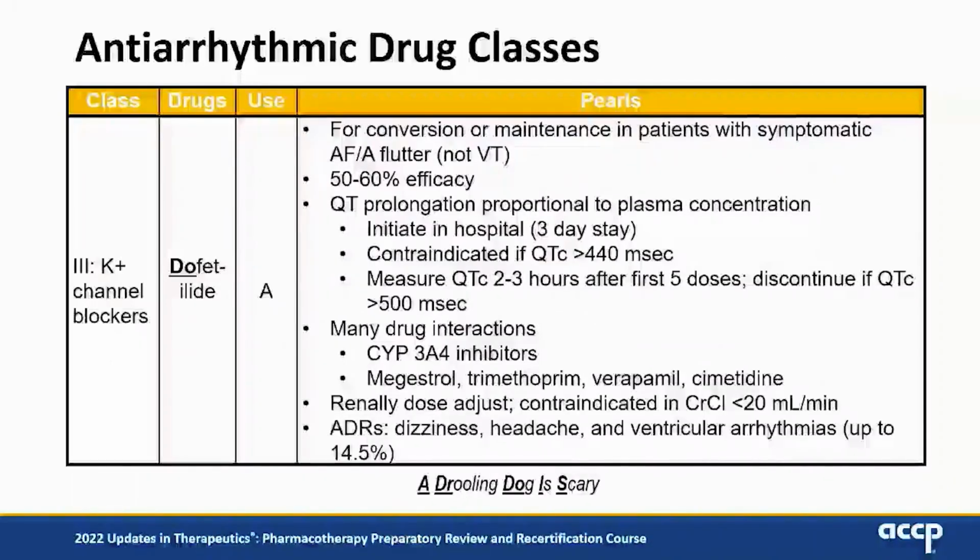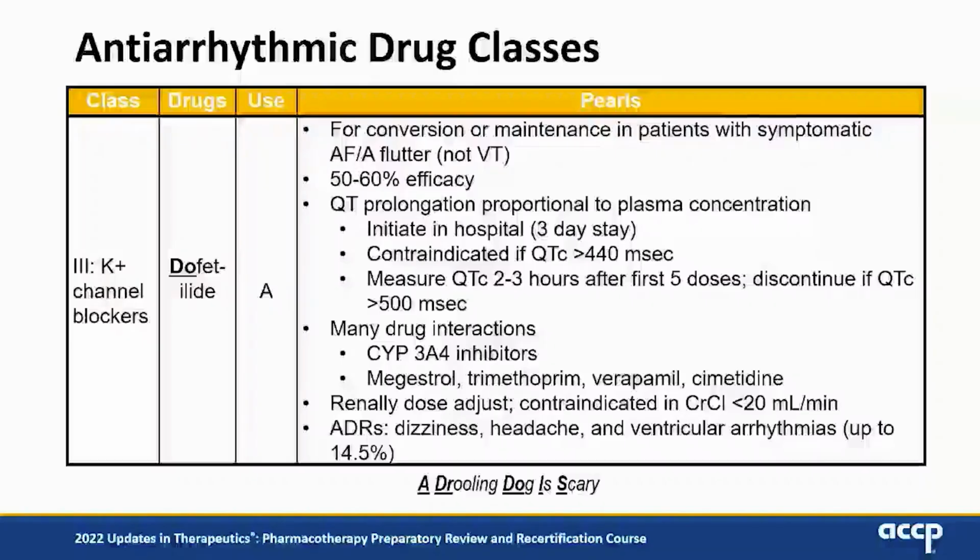The third agent here is dofetilide. So dofetilide is about 50 to 60% effective at maintaining normal sinus rhythm, and it can actually also be used for cardioversion. Dofetilide has very significant QT prolonging effects that are proportional to its plasma concentrations. So because of this, we start dofetilide in the hospital with a 3-day stay.